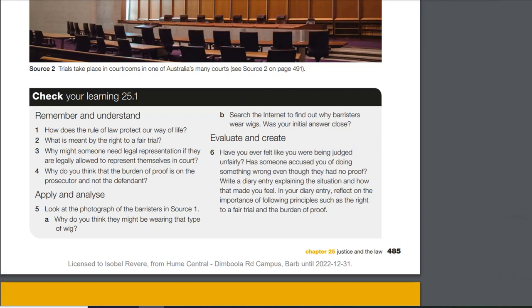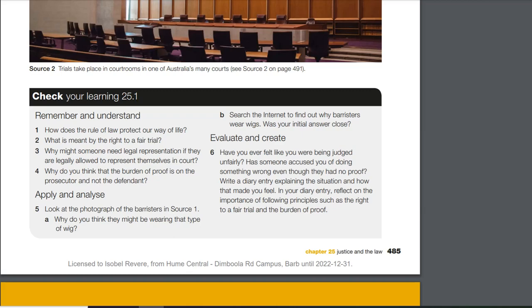And B. Search the internet to find out why barristers wear wigs. Was your initial answer close? So for the first part of the question, you're going to take a guess. You're going to think about it by looking at the question, looking at the source, looking at the photo. Why do you think they might be wearing that type of wig? And then the second part of the question, you're actually going to do some research on the internet to find the correct answer. See how close your initial answer was.